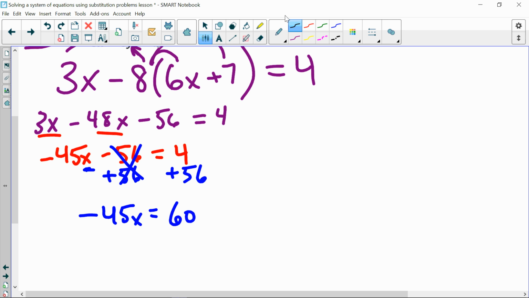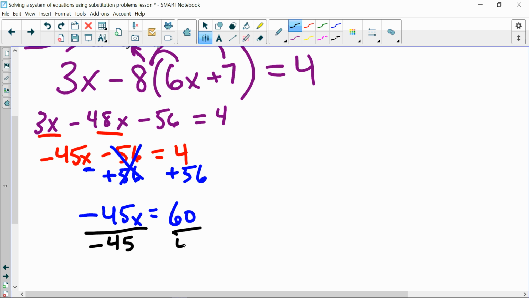My last step is always division. So I divide by the entire number, including the negative. I do not divide by the x. Remember, whatever variable you're solving for, you will never do math with that variable. You're just trying to leave it there to get it all by itself.